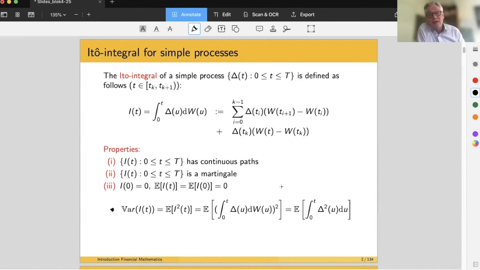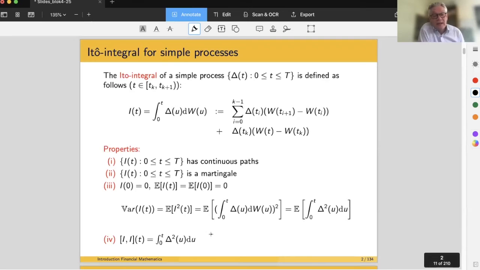And here we can use the Ito isometry formula, which basically means that we can move the square inside the integral, and it gives us that this is in fact equal to the expected value of the integral from 0 to t of Delta squared du.